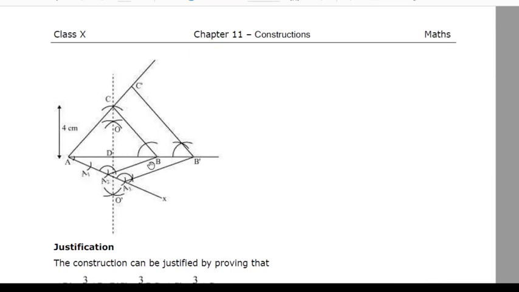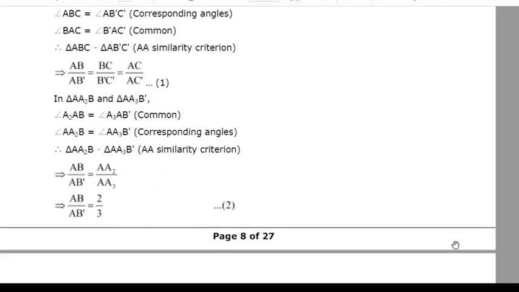After that we move to the third part, which we join here. This again gives us a similar triangle, and from this similar triangle we apply the same properties, and we can prove that this triangle is also divided in this ratio.